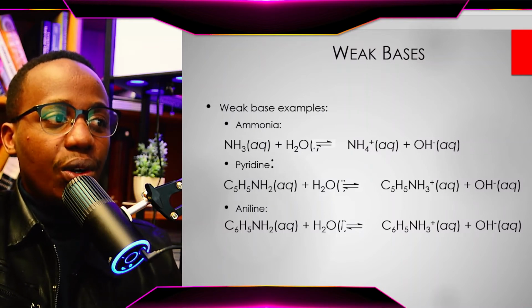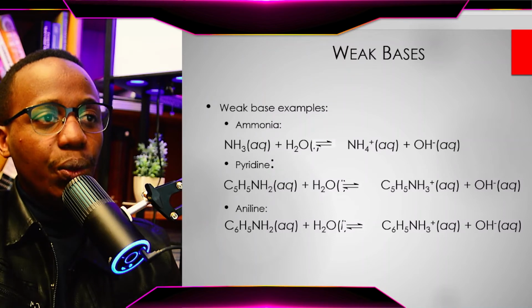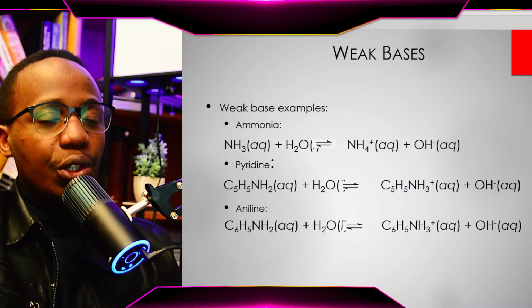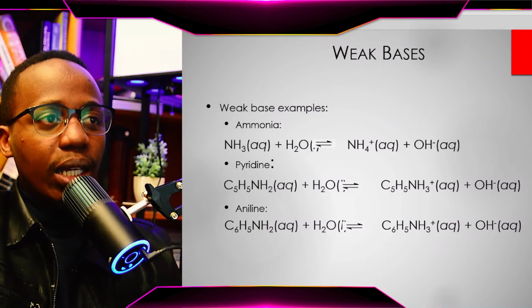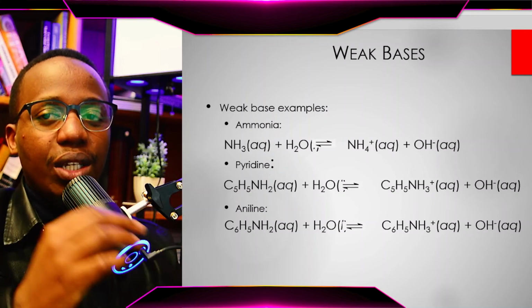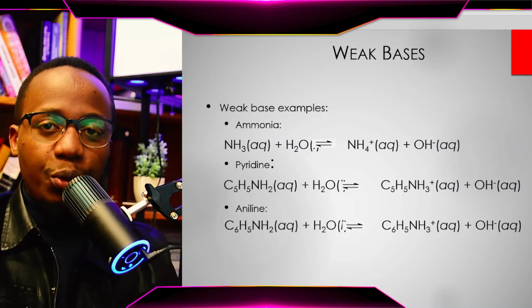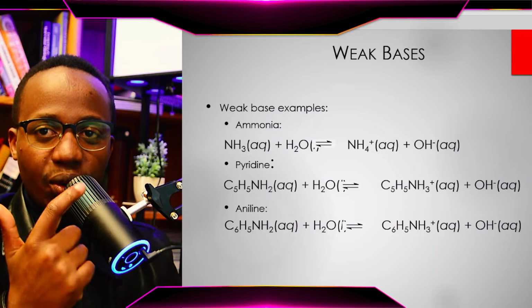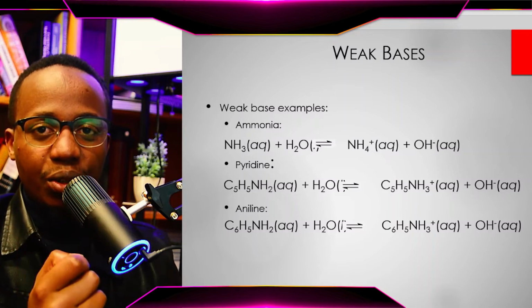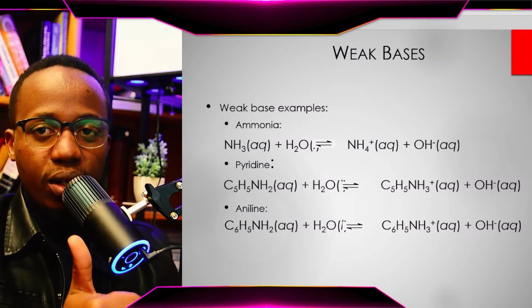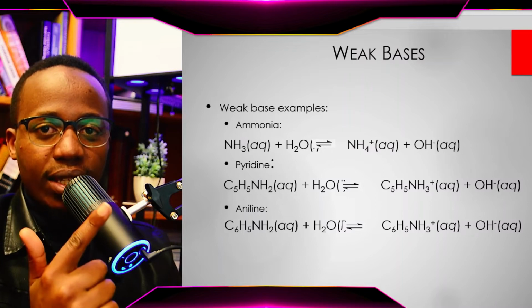Make sure that you know how to do this. If you're given a compound, you should be able to know whether it's an acid or a base. And then after that, you should know whether it's a strong or weak acid or base.